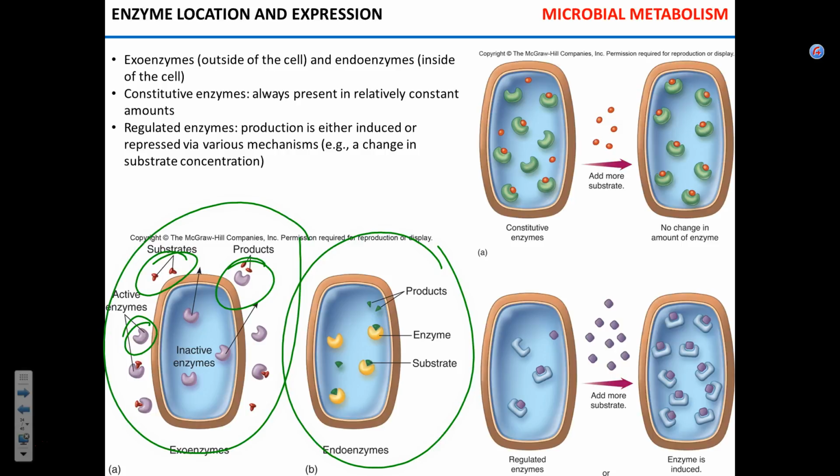Okay, that's one. Another very common example of the exoenzyme is the condition called scalded skin syndrome. Has anyone heard of it? It's the condition that affects infants, newborns. The bacterium Staphylococcus aureus infects the skin and produces the enzyme called protease. Protease breaks down proteins, right?